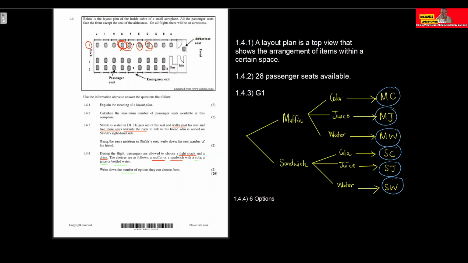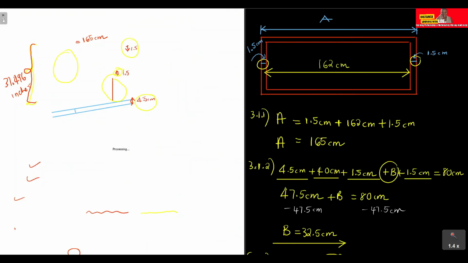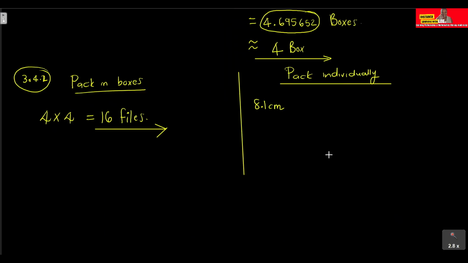So we take that 8.1 centimeters and multiply it by 10, and you will see that the width of one of the files is actually equal to 81 millimeters.